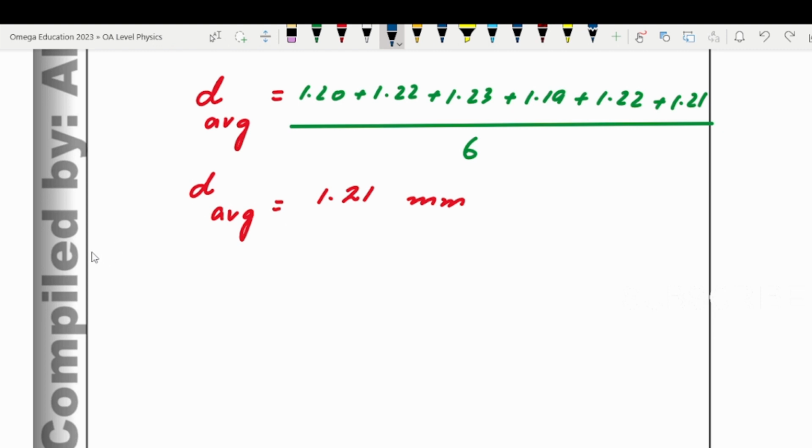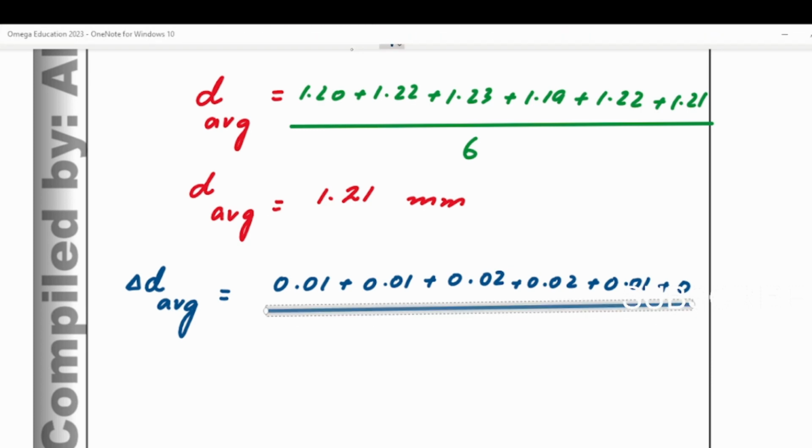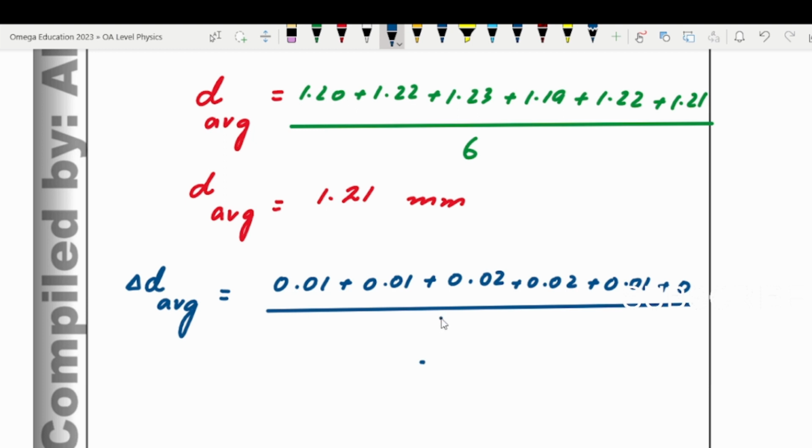The uncertainty in the average value would be the mean deviation: 0.01 plus 0.01 plus 0.02 plus 0.02 plus 0.01 plus 0, divided by the number of values that you have, which is 6. You hit it on the calculator and the mean deviation would be 0.01.